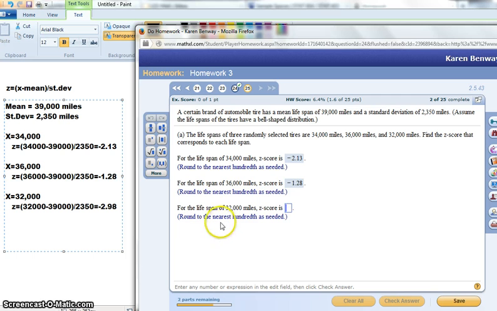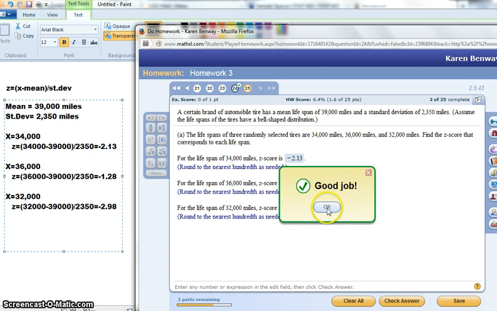Excellent. And then for the third lifespan, 32,000 miles, that's my particular value x, so I take 32,000 miles, subtract off the mean, divide by the standard deviation, and I get a z-score of negative 2.98. And I enter that. Good job.